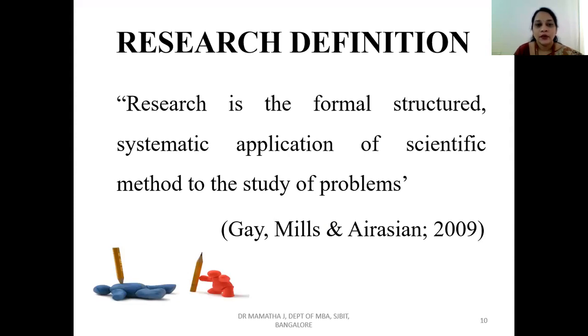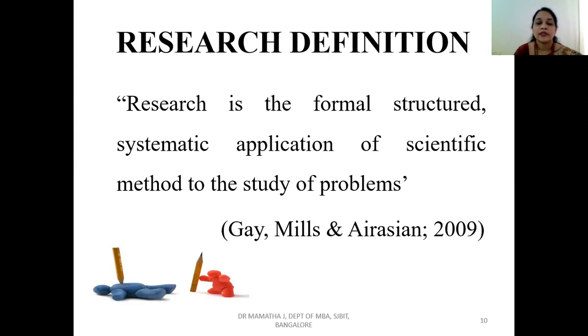Systematic: when you're doing your research, there are various steps. When we discuss the research process, you will get to know the various steps in it. You have to follow those steps properly and apply the scientific method. It is not because of your gut feeling or because you feel it is easy to do, nothing like that.